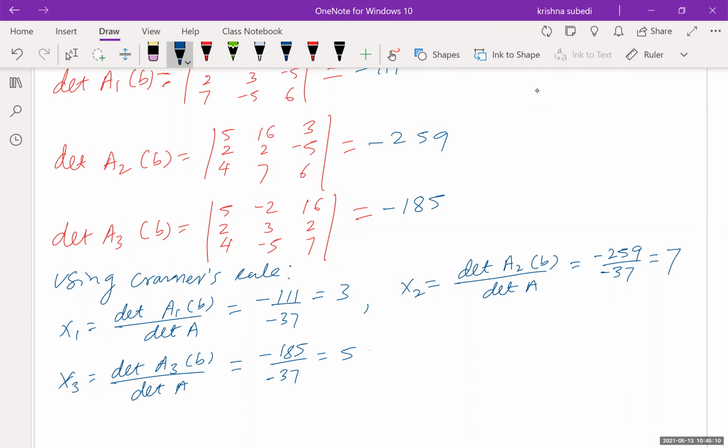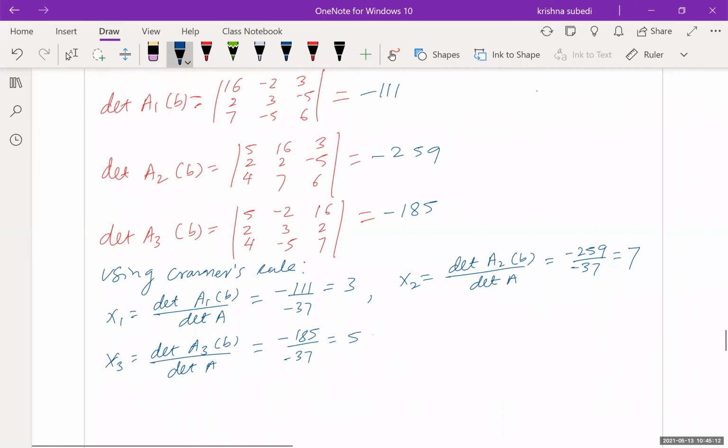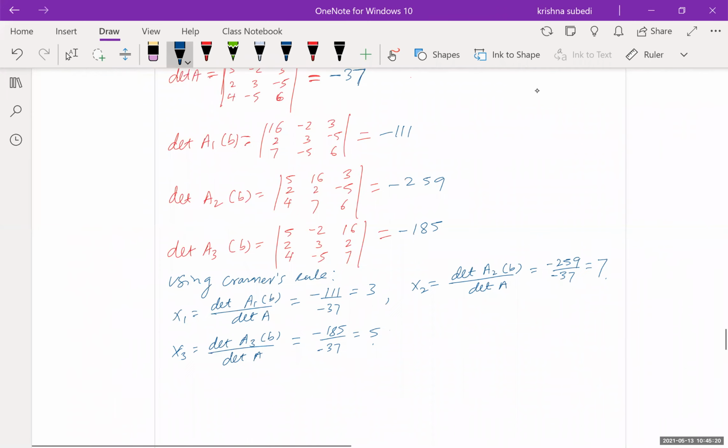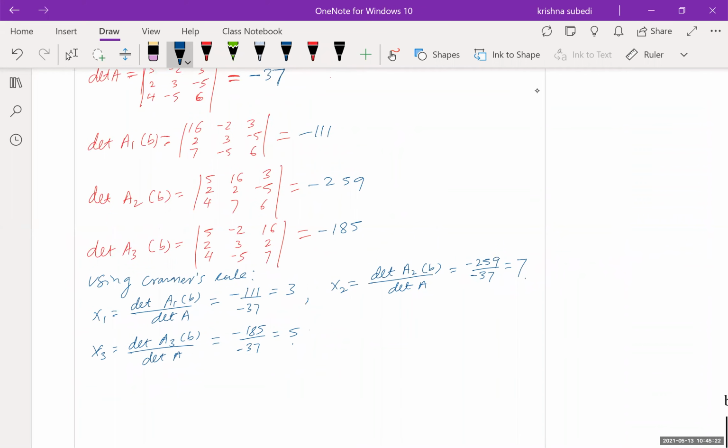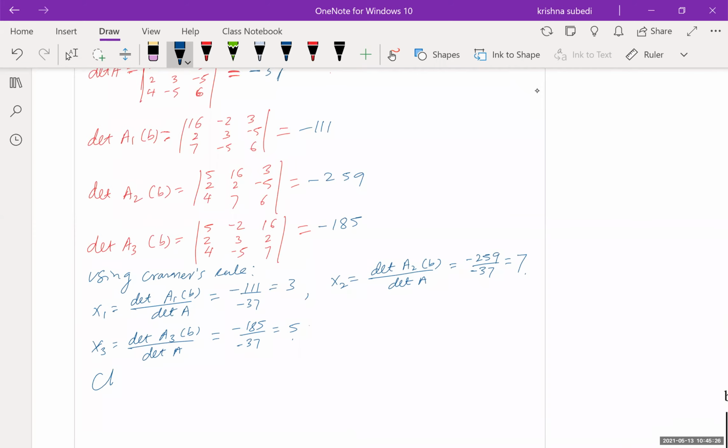Okay, so we got x1 is 3, x2 is 7, x3 is 5, and you can verify by substituting these values in the original equation and seeing whether that makes sense. Checking part I leave to you. Substitute these values in the original equation and see whether that makes sense.